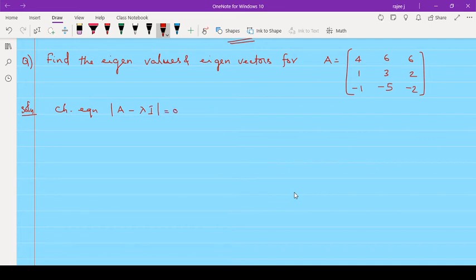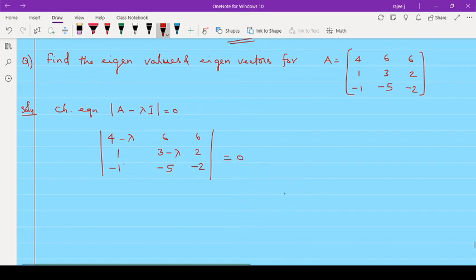So that 4 minus lambda, 6, then 1, 3 minus lambda, 2, minus 1, minus 5, minus 2 equal to 0.